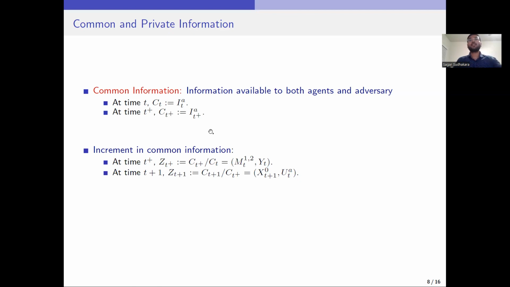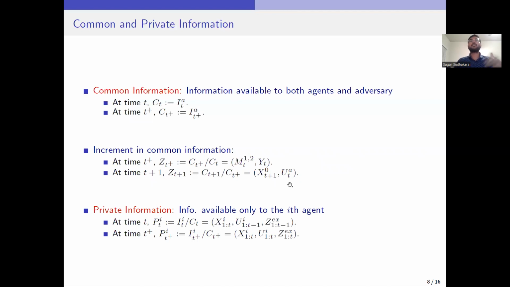So the increment in common information at time t+, Z_t+, is C_t+ minus C_t, which is nothing but the adversary observation and the communication actions m_1,2^t. And at time t+1, the increment in common information Z_t+1 is C_t+1 minus C_t+, which is nothing but x_0^t+1 and u_A^t.